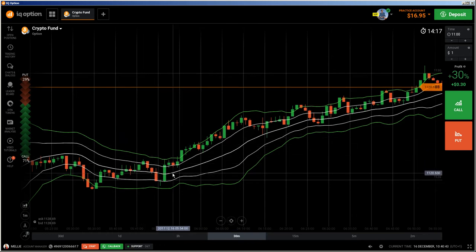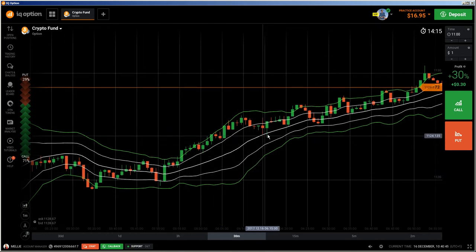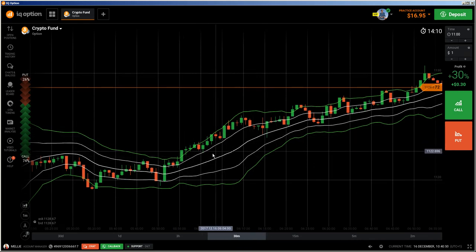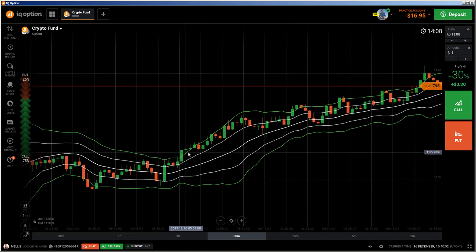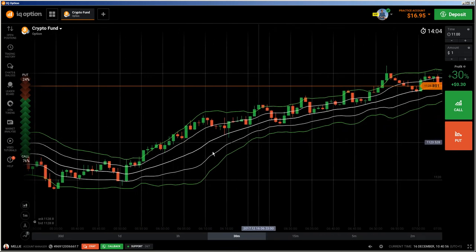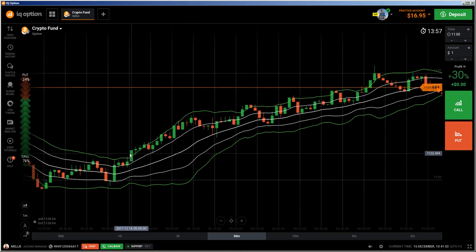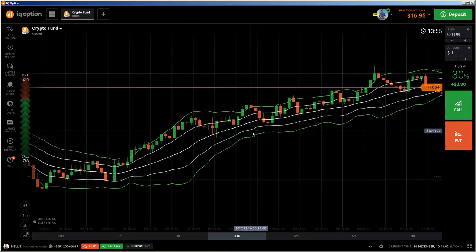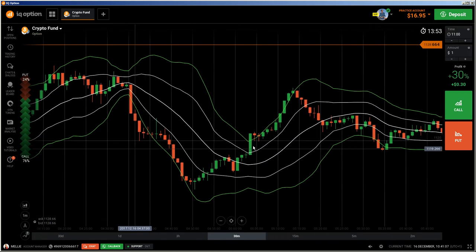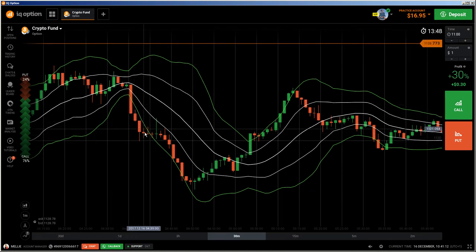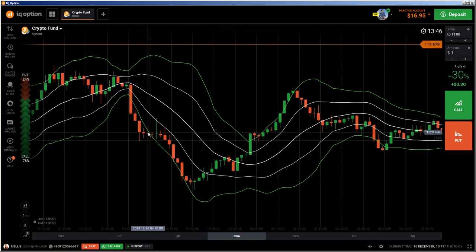If it's above this middle band, an uptrend is starting or it is an uptrend. If it's between the one deviation and two deviation, it's really an uptrend, a strong uptrend. The closer it is to the upper Bollinger Band, the stronger the uptrend, and the same counts for downtrend, mirrored on the lower Bollinger Band.